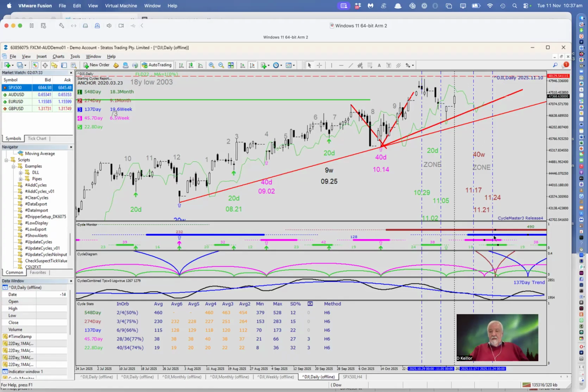That's this one here, into the center of its orb, which is the largest orb that we've got on. Also pointed down is the 20-week cycle, which is this blue orb, and its orb center is over here.